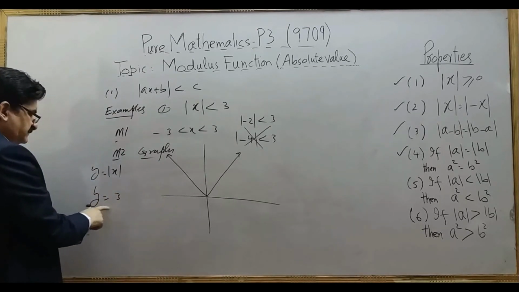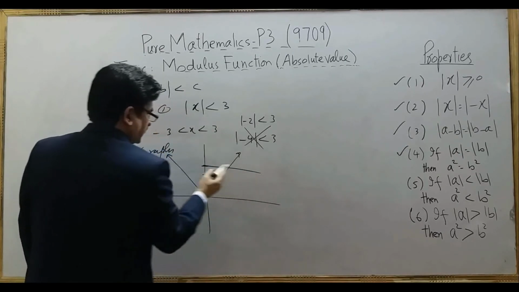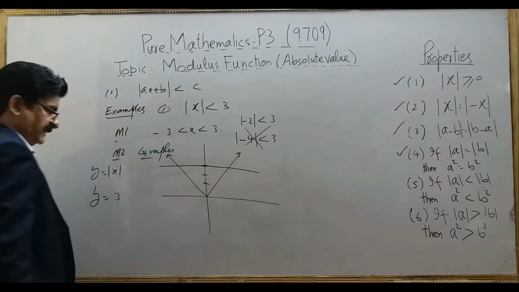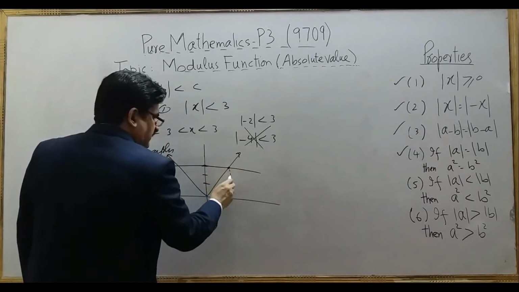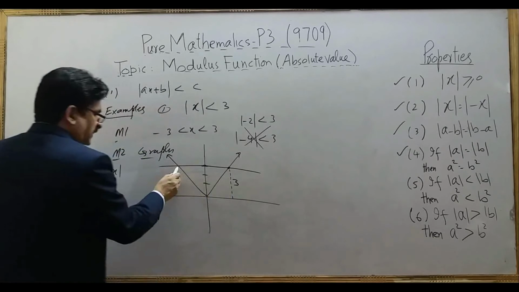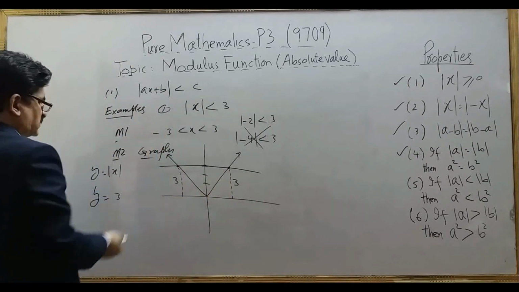The second graph is y equal to 3, a horizontal line, a special line. So the y coordinate of this point will be 3 and the y coordinate of this point will be 3. You can find the x coordinate.